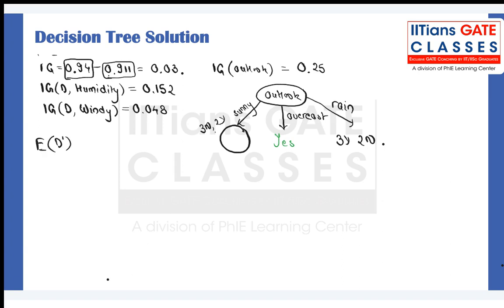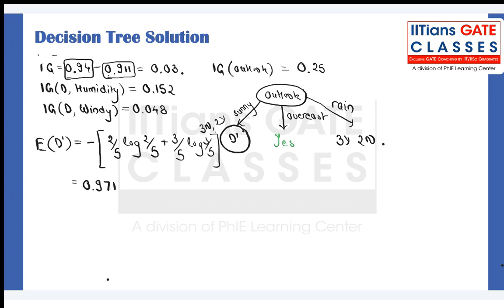This D dash is nothing but minus of 2 by 5 log 2 by 5 plus 3 by 5 log 3 by 5, and then you will get some value, which is 0.971. Okay.